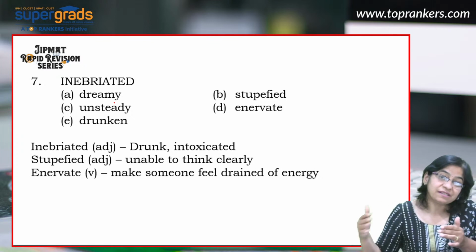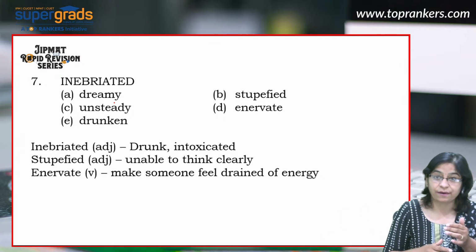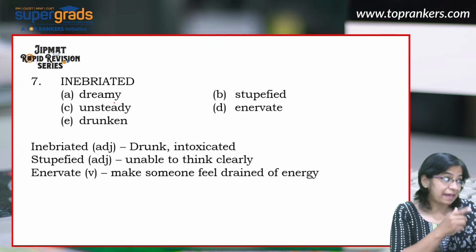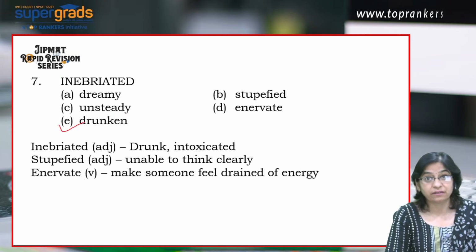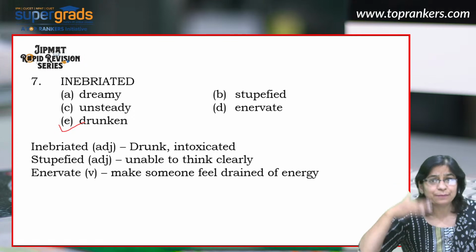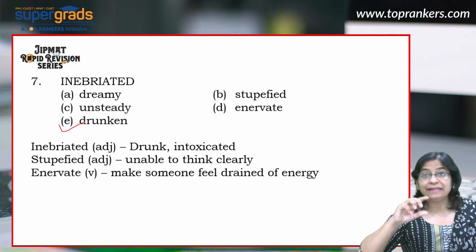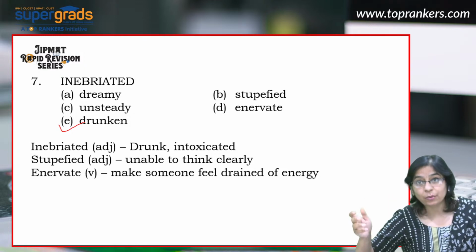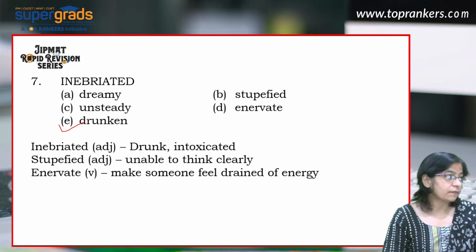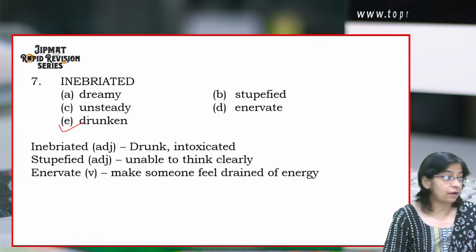But those are just the consequences of being drunk. So I guess I agree with the others, and the answer should be drunken. So inebriated simply means drunken, and the others are just the effects or consequences of being drunk. All right. Yes, very good answer choices, a lot of you.